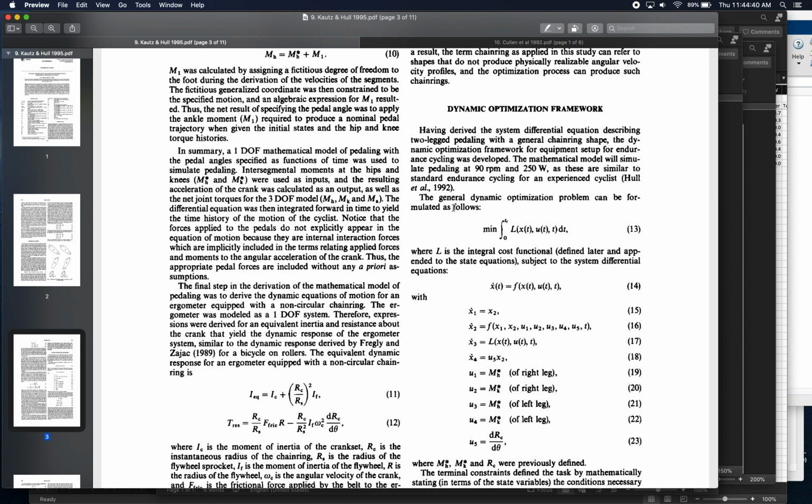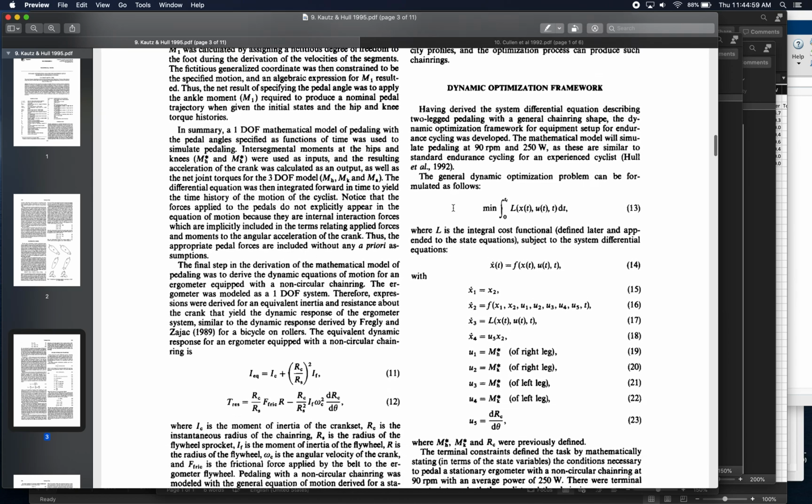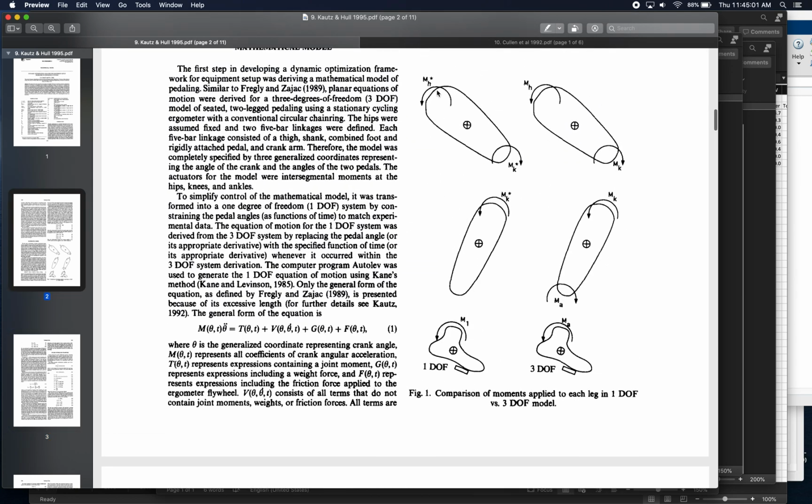So kind of a least effort cost function here, finding the torques at the joints that moved the joints in such a way that the crank rotated with the specified speed and specified power, with minimum torque at the joint, with minimum muscular effort at the joint. Okay. The interesting piece is they optimized not just the torque at the joints, so what the cyclist themselves was doing with their muscles to produce those motions and those moments at the joints.